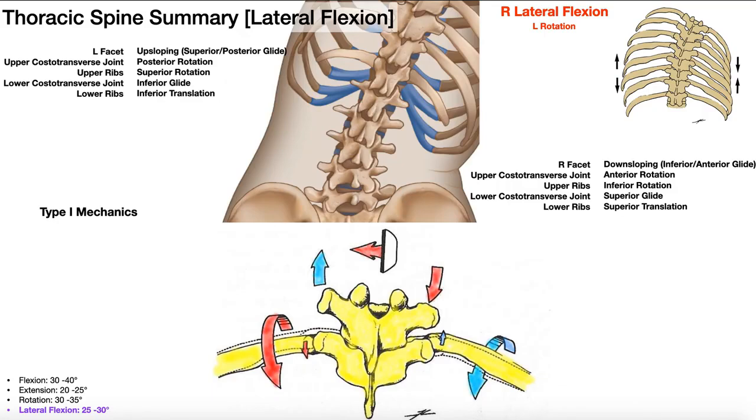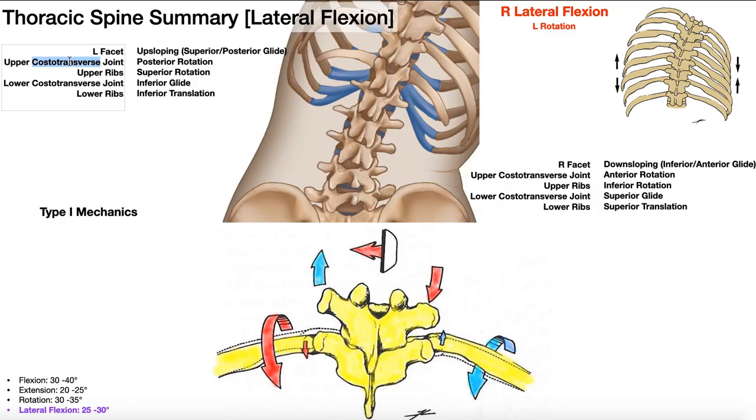First of all, remember that the ribs attach to the thoracic spine really at two joints generally: the costovertebral joint and the costotransverse joint. The costotransverse joint is the articulation between the rib's tubercle and the transverse process of the vertebra, and this is where the movement mostly occurs.